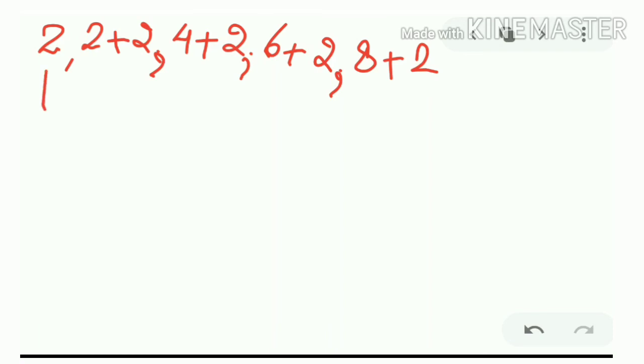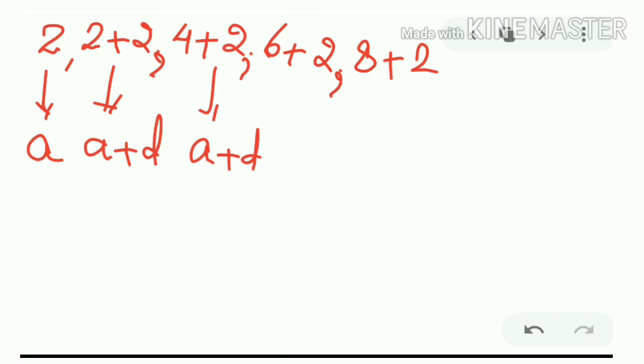So the first term I have considered as A. What is the next term? The next term is A plus D. See, what is 4? 4 is A plus D, that is the previous term, and what is 2? 2 is the common difference D.